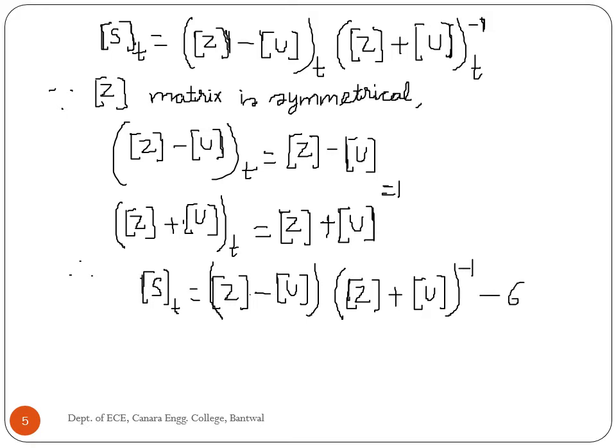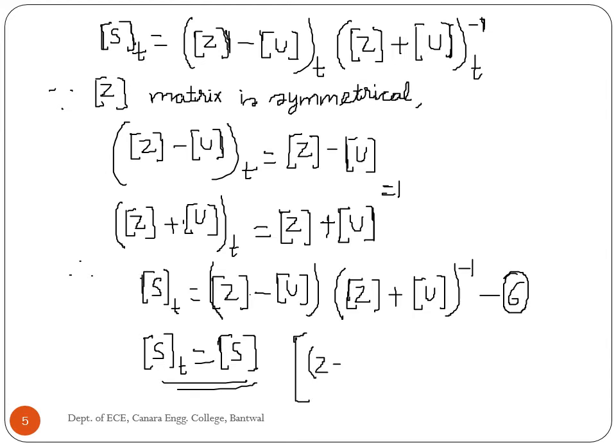Comparing equations 5 and 6, we can write S transpose is equal to S. Equation 5 is one and the same: Z minus U and (Z plus U) inverse.